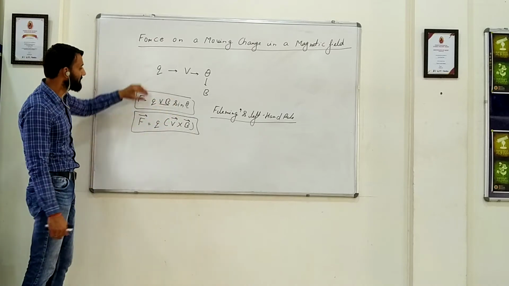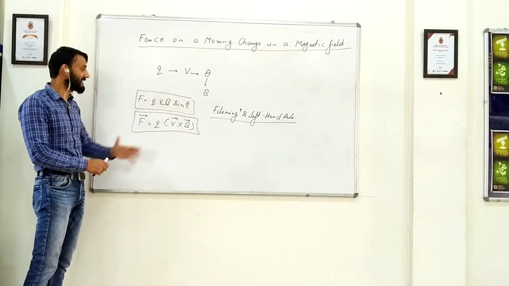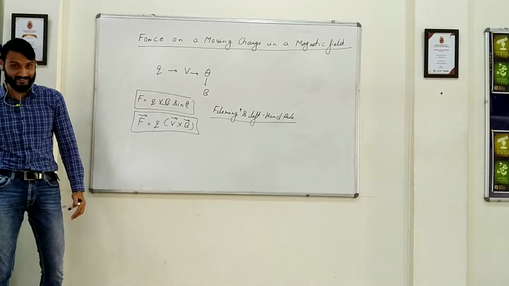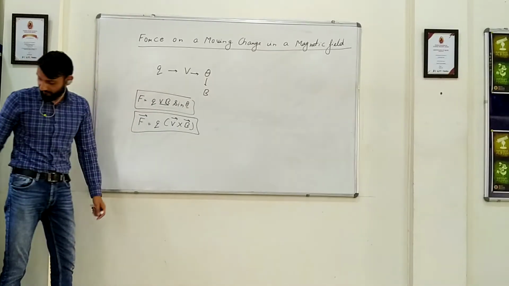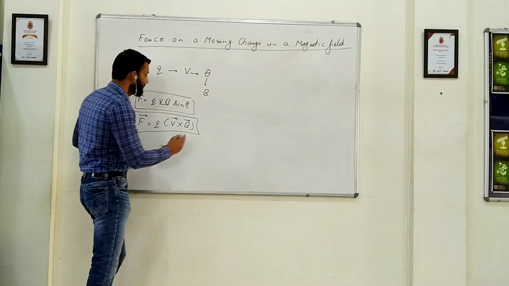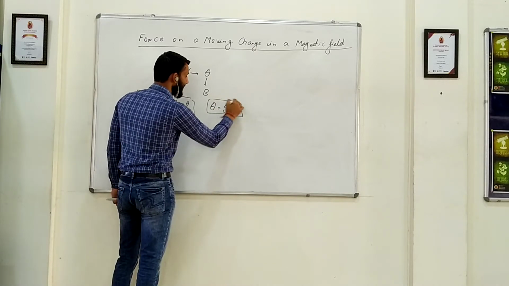Now we can form certain special cases. The first special case, which is very important for you to understand, is if theta is equal to 90 degrees.